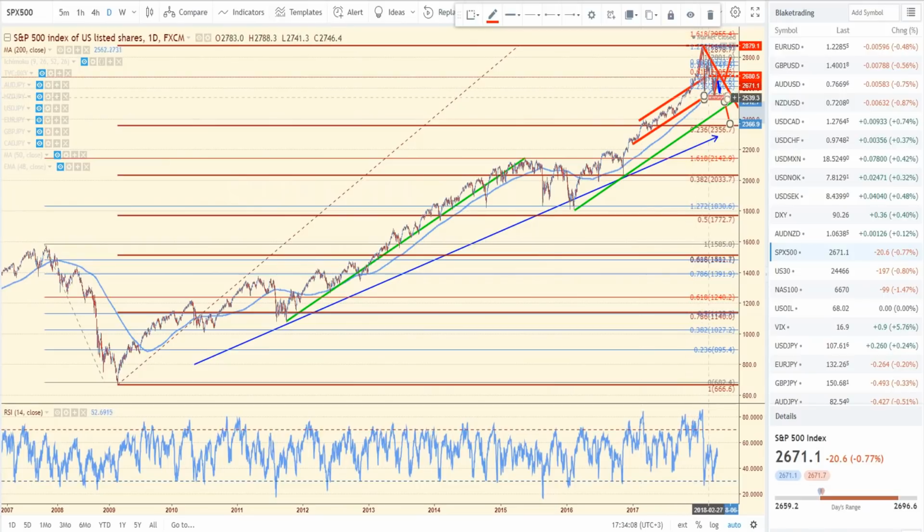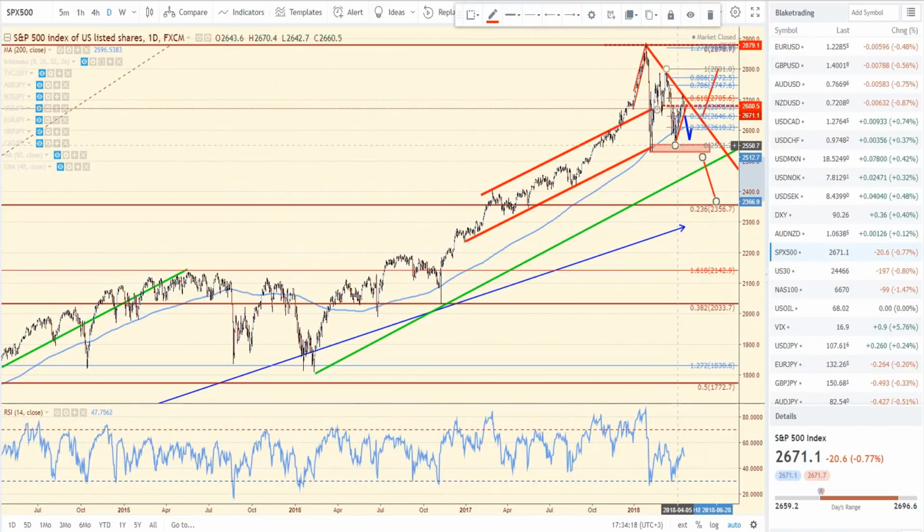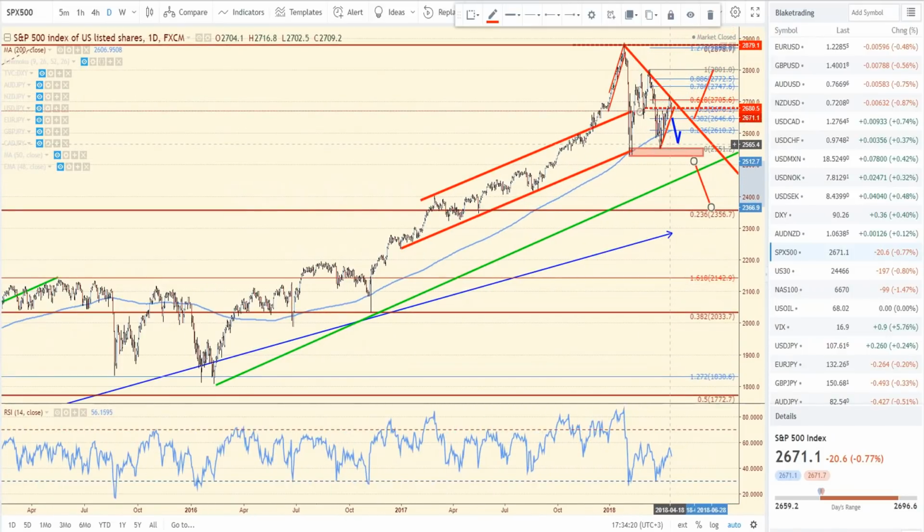Yes, this has been a bump in the road, and I think it has rattled the cage of a lot of longs, but I don't think you have people bailing on the stock market just yet. I mean, maybe some people are, but as far as general consensus, I even talked to a friend of mine who's a pretty well-to-do businessman.